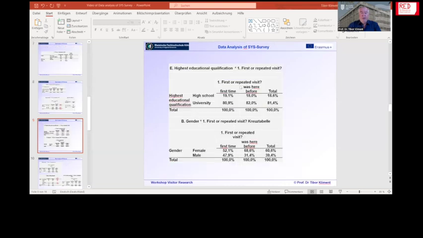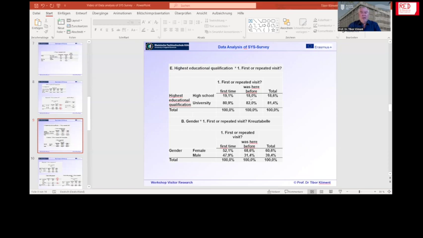Okay, now we are trying to understand whether and how far first-time visitors are different from regular visitors. Here we have educational qualification, and we have the two columns here. Every column adds up again to 100%, and here we see that education is not so much the point.